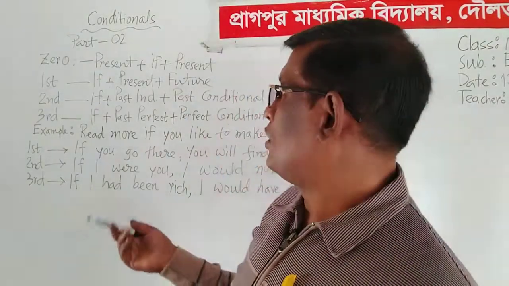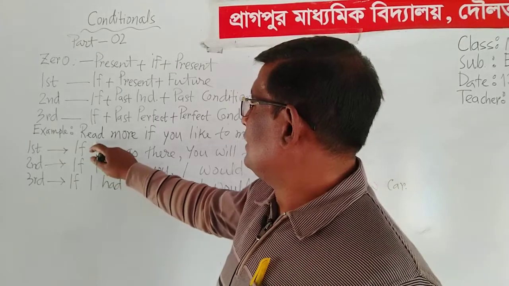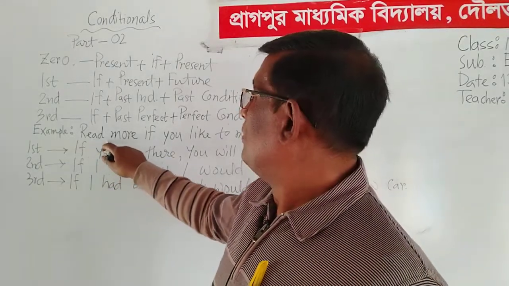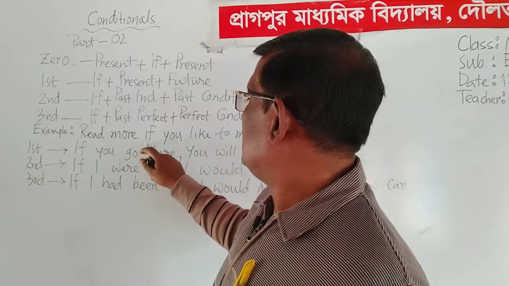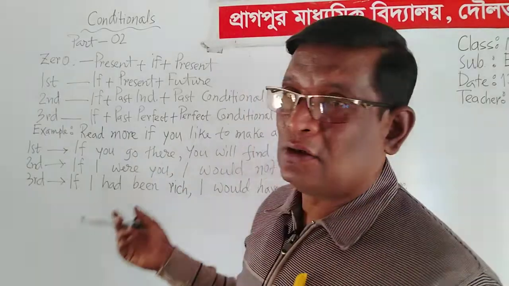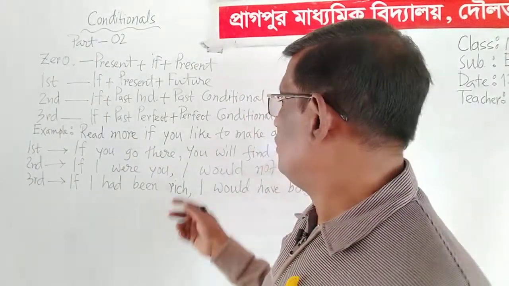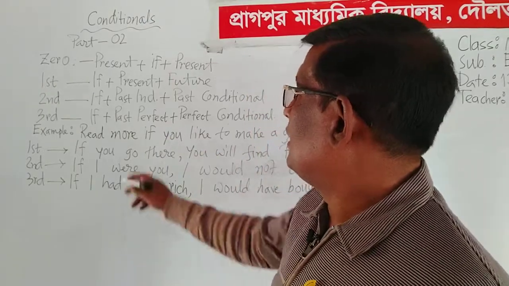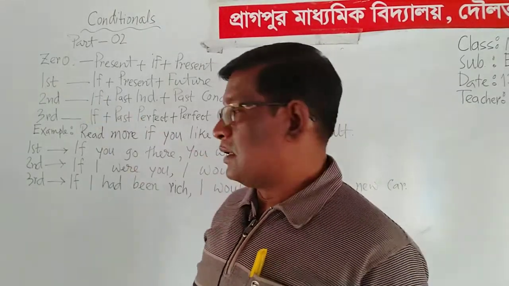Therefore, what we find in this zero conditional is, firstly there will be a present form, secondly there will be a linker if, and thirdly there will be another clause and it should also be in the present form. This is the zero conditional.